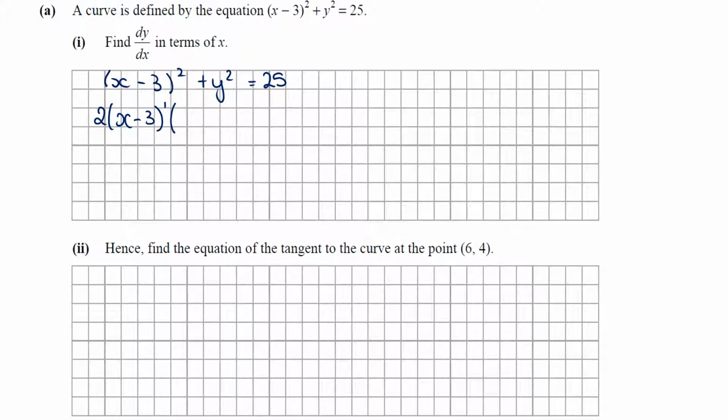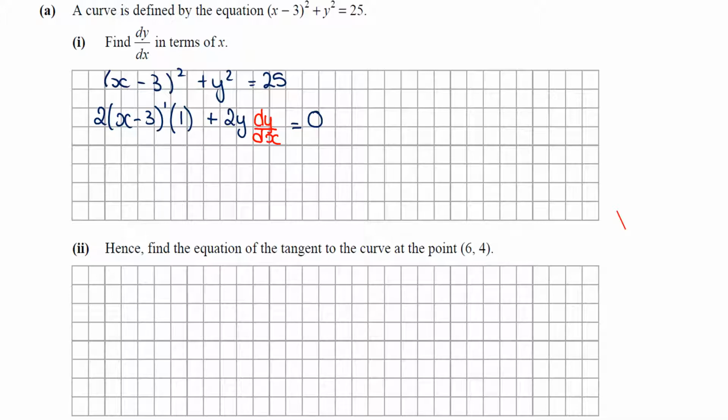And then I multiply it by the derivative of what's in the bracket, which is 1. I then differentiate my y, which gives me 2y. However, because I'm not differentiating this with respect to x, I have to then put in a dy/dx. I then have equals, and my 25 will differentiate to 0.